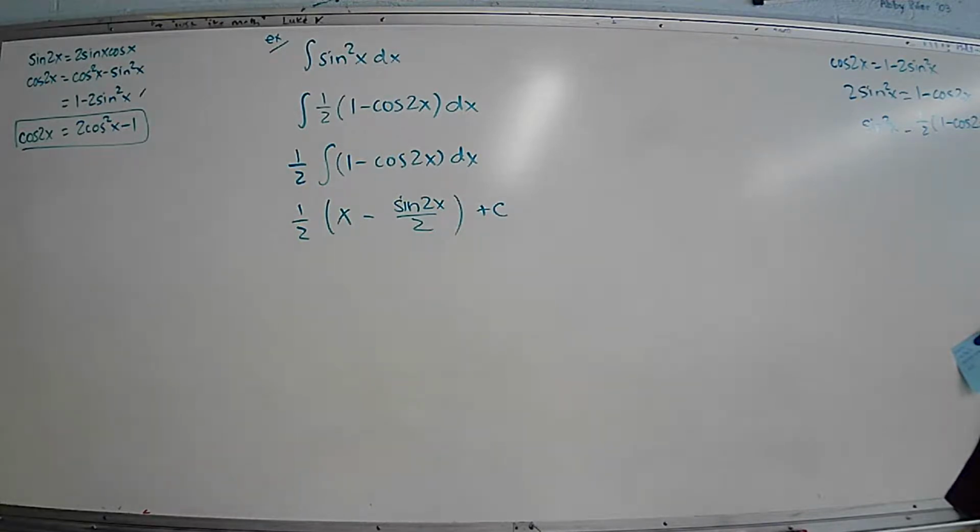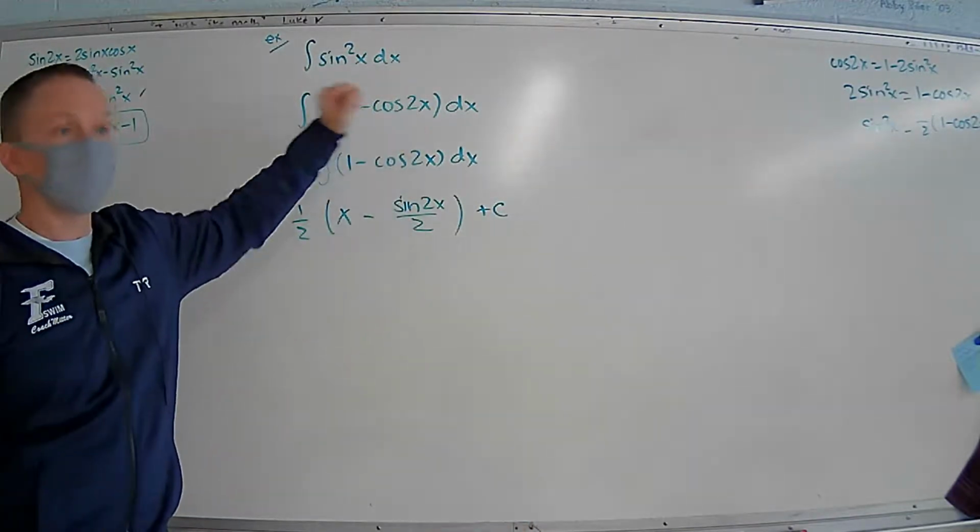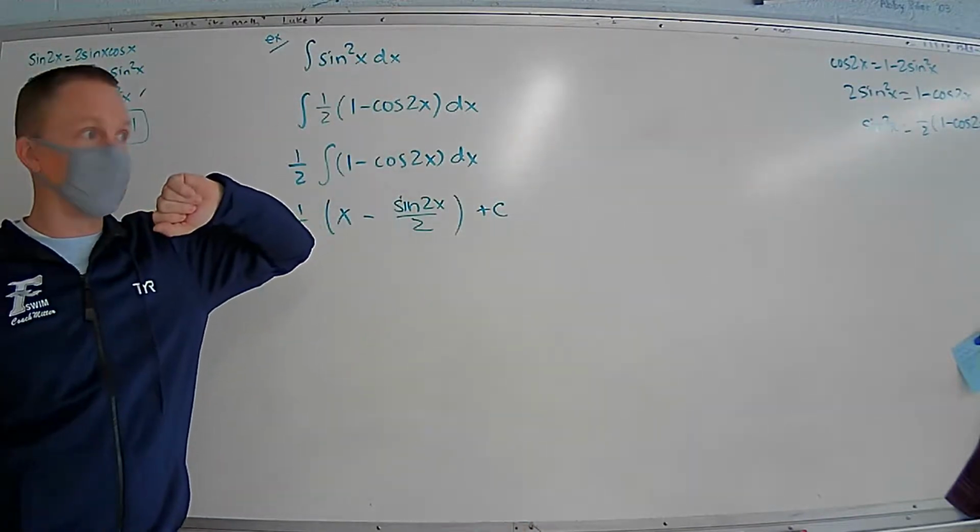Now, if you go back and look at your answer that we got the other day, we didn't get that answer. Okay? And the reason we didn't get that answer is because we didn't have that identity with sine of 2x and cosine of 2x involved.